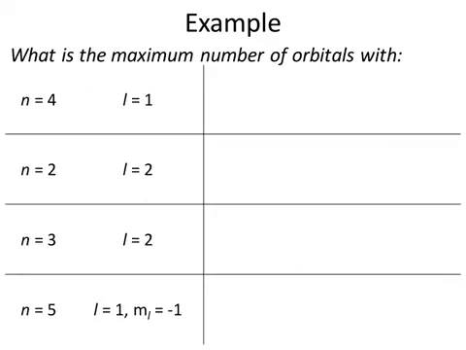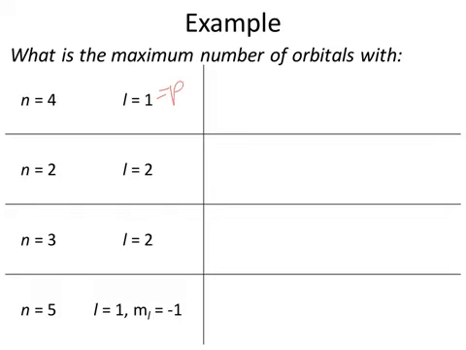All right, what is the maximum number of orbitals with n equals 4, L equals 1? So in this case, remember that the orbitals are going to be talking about the orientation of these orbitals. This tells us the shape. So 1 tells us that this is going to be p orbitals.